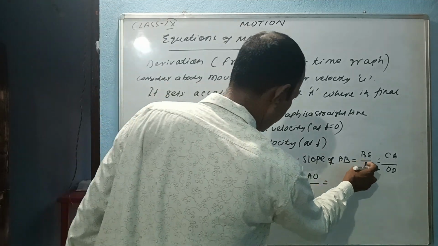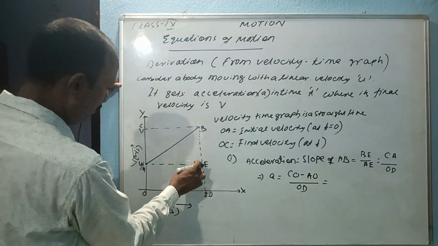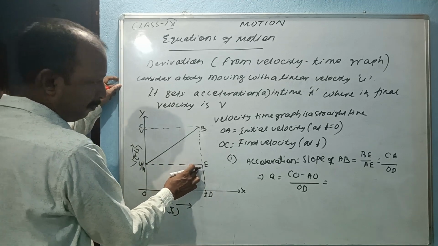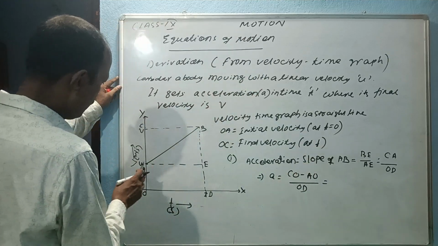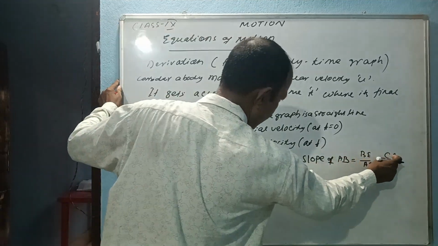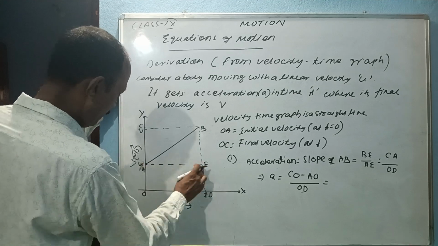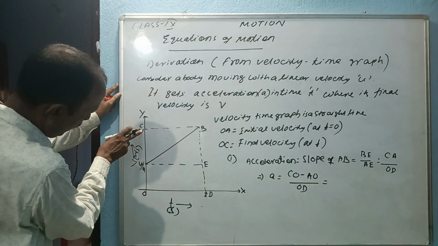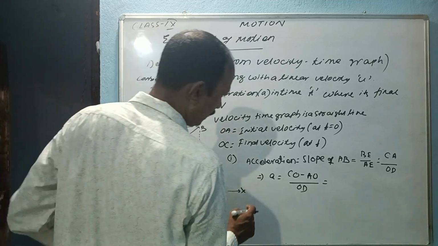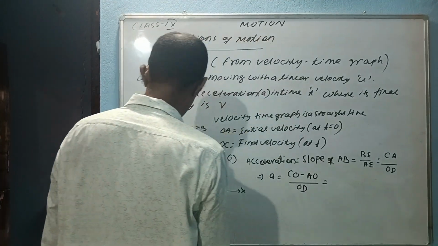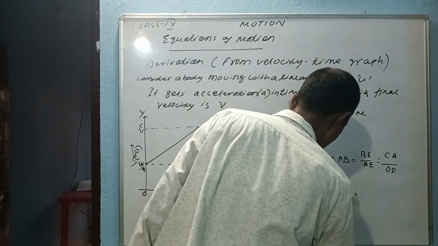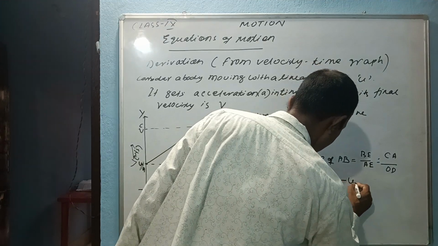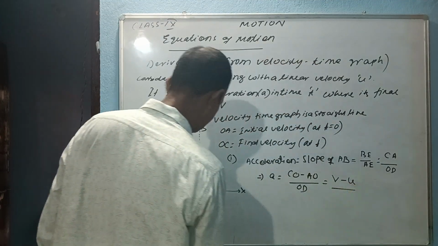So I have written BE by AE. In place of BE, I can write CA. In place of AE, I can write OD. And in place of CA, I can write CO minus AO. That means CO represents the final velocity, AO represents the initial velocity, OD represents the time.